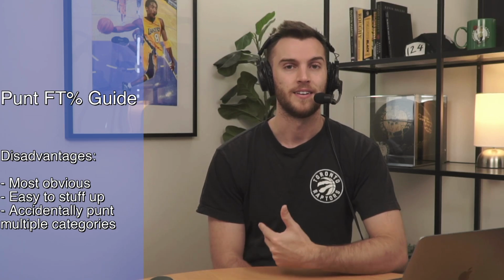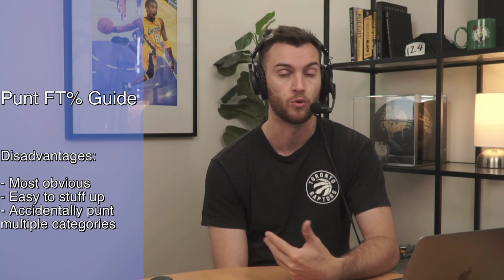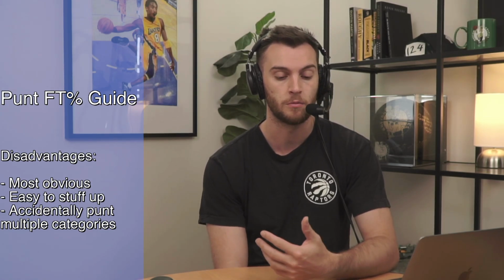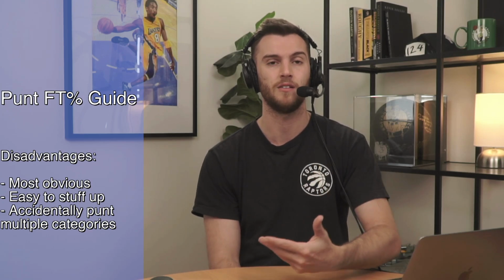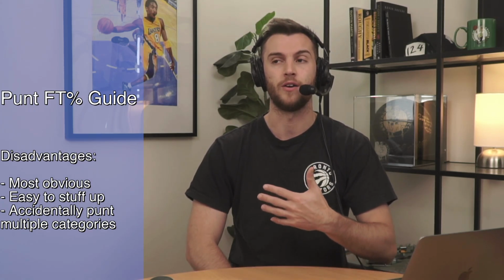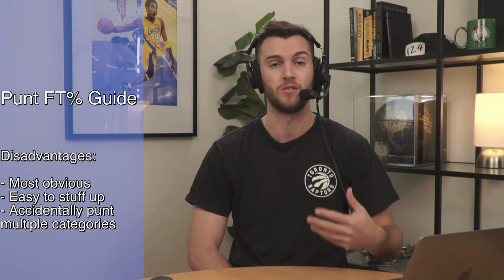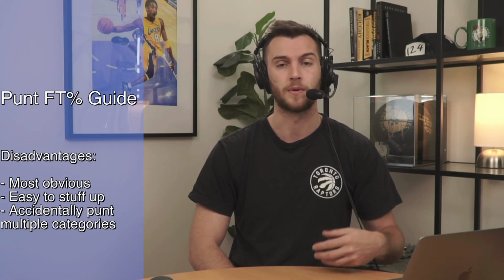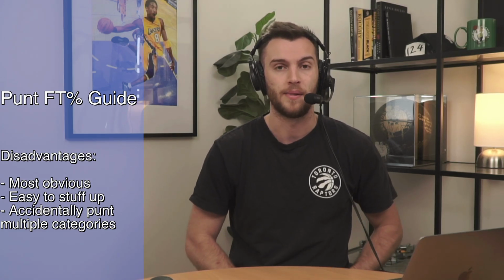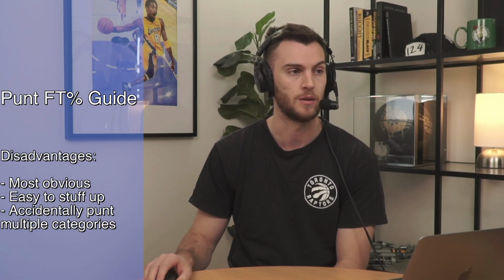And if you follow that up with another big man who doesn't shoot threes, it's very hard to come back in multiple of those categories. So it can be very easy, without you even intending, to find yourself doing a multi-category punt. And if you are not on top of that or aware of that, it can be very difficult to come back and make sure that you're not playing it too risky going into your season. So just something to keep in mind.